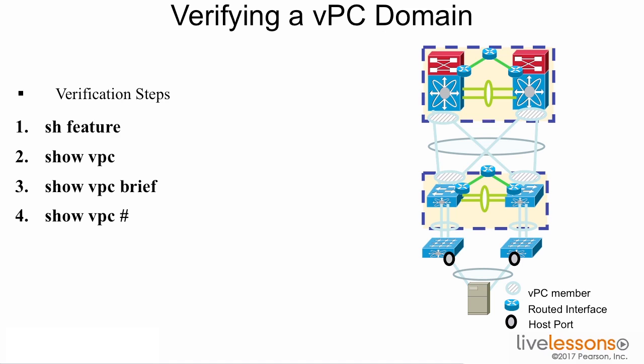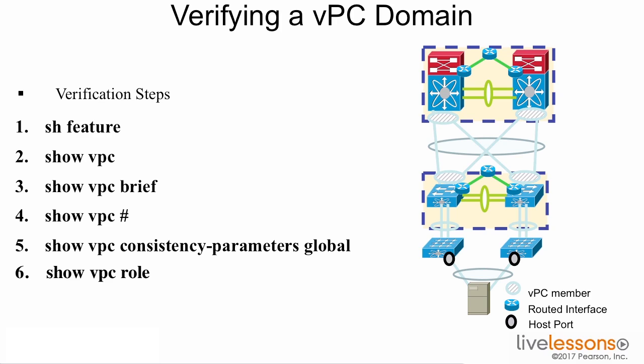I can see individual VPCs by saying show VPC and the VPC number, as well as I can check to make sure that my VPC configuration is the same on both sides, as well as some important switch configurations are the same on both sides by doing a show VPC consistency parameters global.